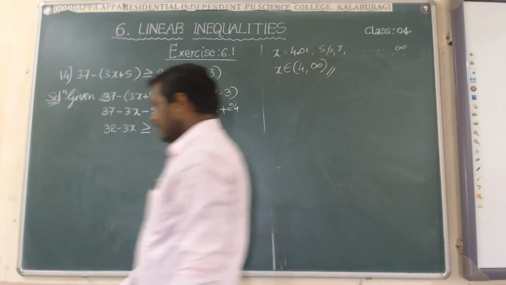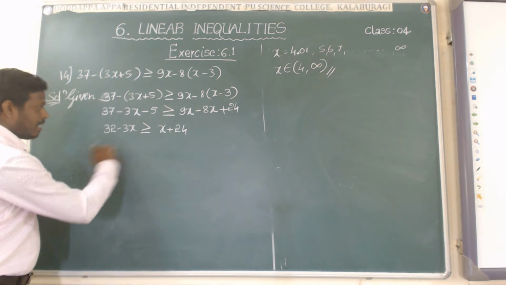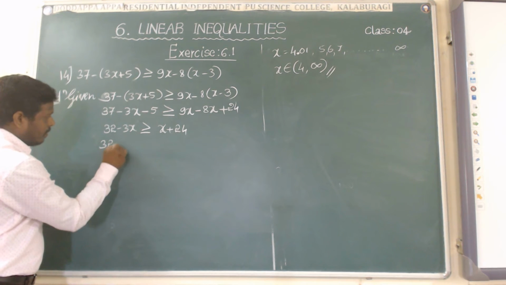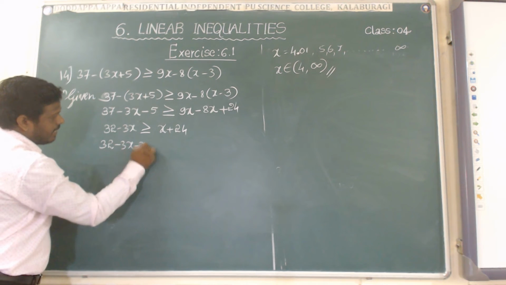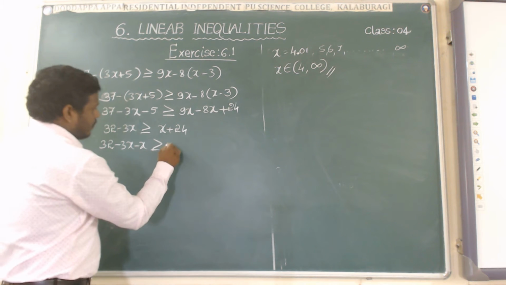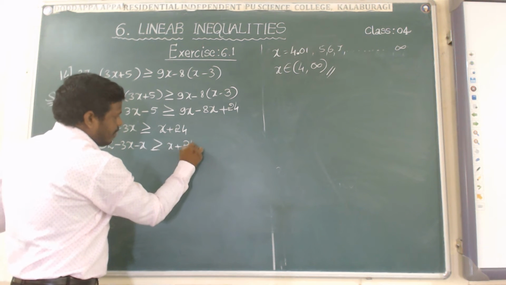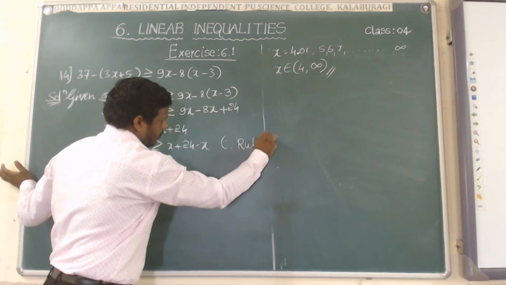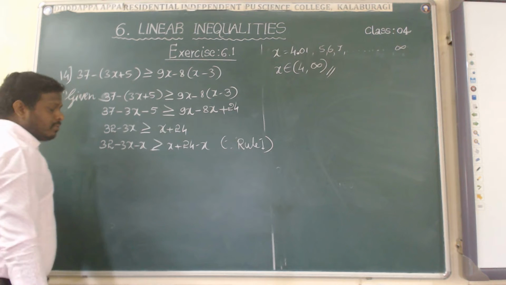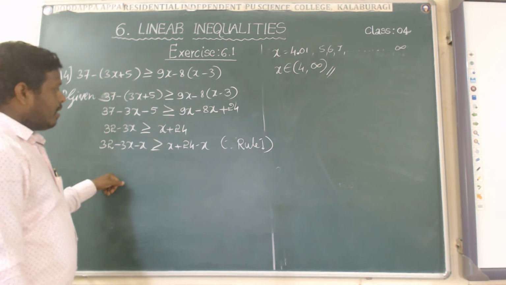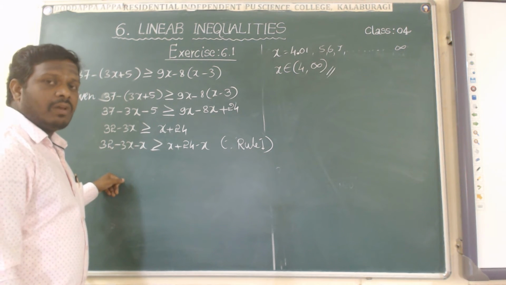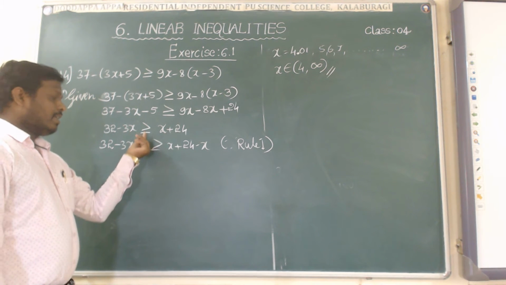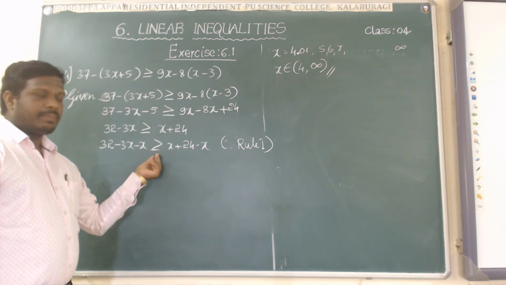I will not write that word here, I will write directly, otherwise it is too lengthy. 32 minus 3x minus x is greater than or equal to x plus 24 minus x, because when we add or subtract equal numbers on both sides, the sign of inequality is not affected. Keep in mind that point.